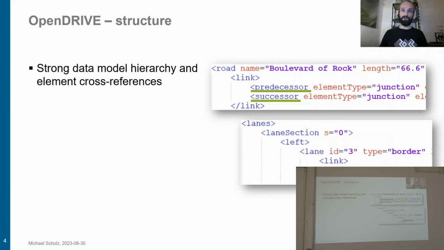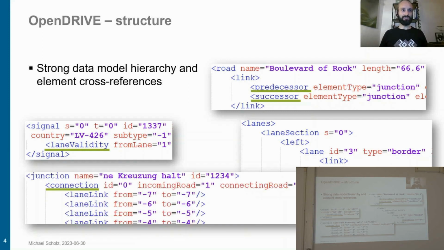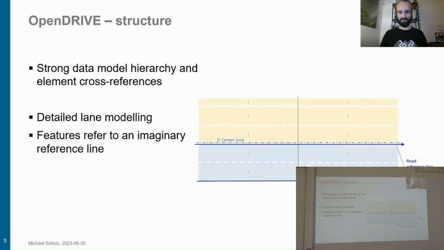And inside the road, lanes are defined, which again can also have cross-references to other preceding, succeeding elements. And a signal which is bound to a road can also feature lane validity, and so on. At the junction, multiple roads connect to each other, which can also be additionally defined through linking properties. So it gets pretty complex pretty fast.